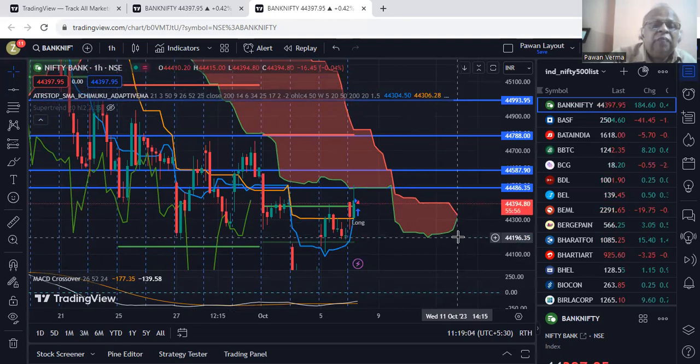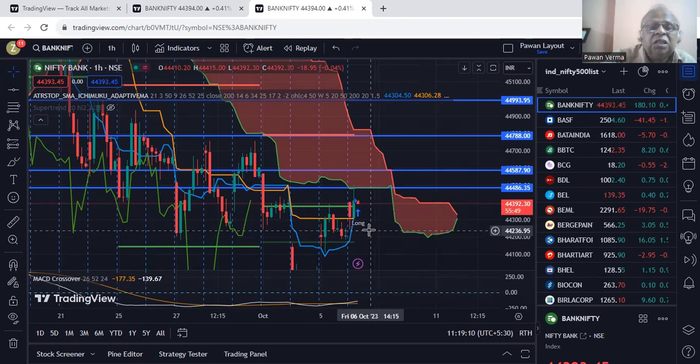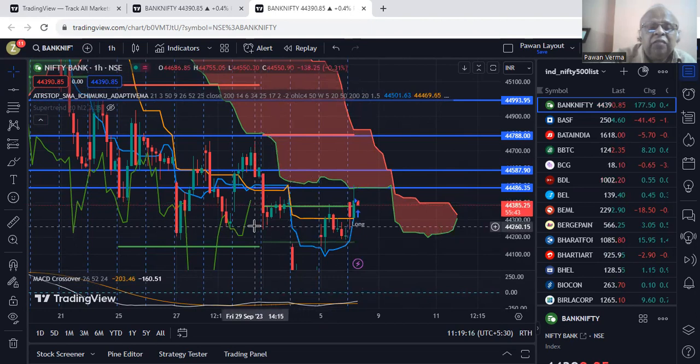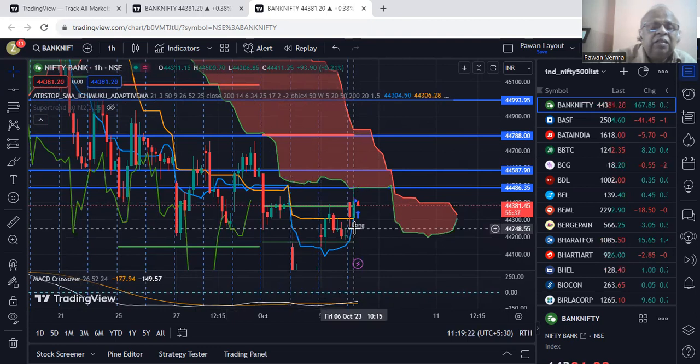So in case of Bank Nifty, one should get the confirmation as and when the Tenkan-Kijun crossover is seen.